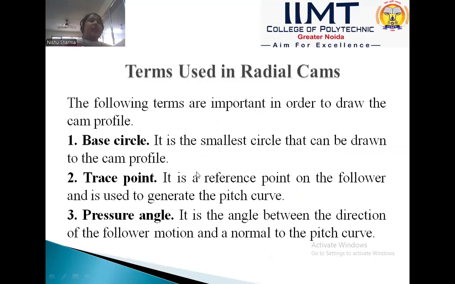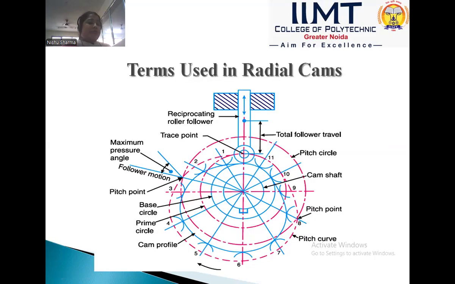Now, next is the pressure angle, which is a very important term in a radial cam. It is the angle between the direction of the follower motion and the normal to the pitch curve. In this diagram, we see that this is the maximum pressure angle. This angle is very important in designing a cam profile.